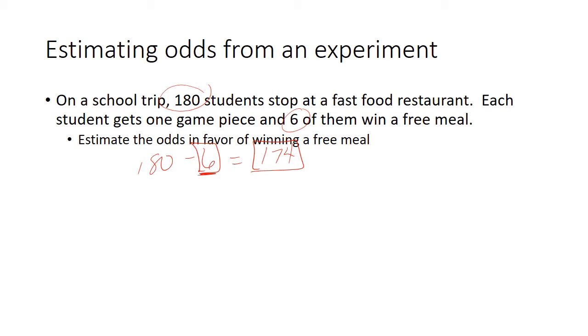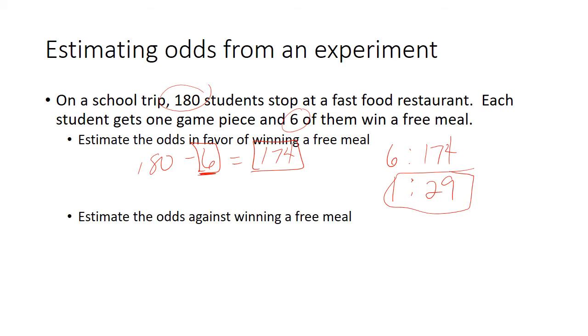All right, so the odds of winning, because 6 people won, means 174 people lost, right? So I would take my 6 and my 174 and reduce that down. 174 can be divided by 6, so I can reduce this down to being 1 to 29. So what that means is for every 30 people, 1 person won it and 29 people lost it, right?